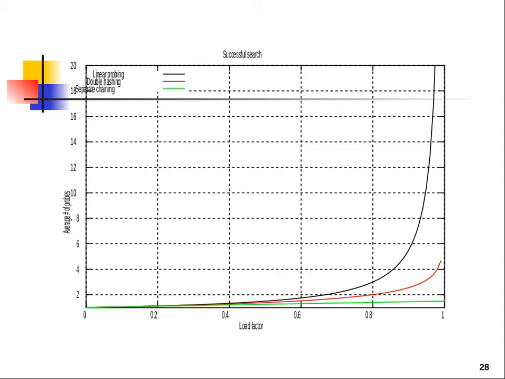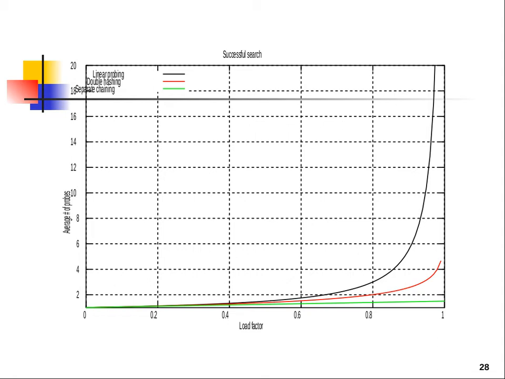All right, some graphs. Let's see what we got here. Successful searches. So notice that we have linear probing, double hashing, and separate chaining. So chaining's at the bottom. Right there's a load factor. Hopefully no one is surprised that with a load factor at 1, chaining's going to win, probably because you're not that loaded up, as opposed to the other two where it just gets bad really fast.